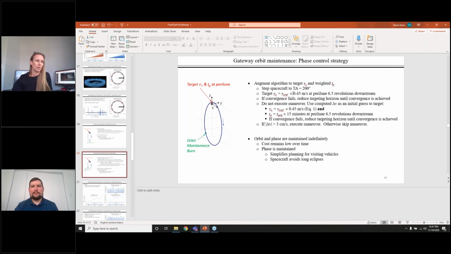But the impulsive burn is a good enough approximation that it works fine, even with a long solar electric burn. We were able to target using impulsive. We've tried it both ways, and it's just faster to target with impulsive, and it doesn't buy you much to target using the finite burn modeling. So we target with impulsive, use the rocket equation to convert to finite, and then use that in our simulations.